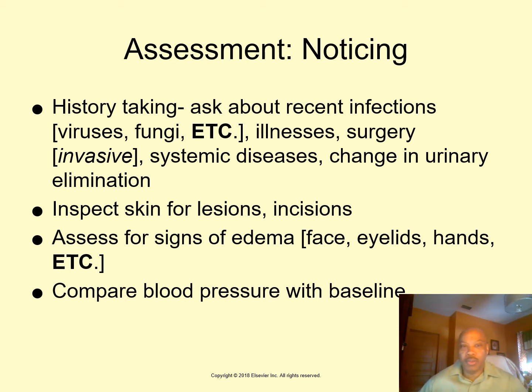Also, we want to look for any body piercings. When you go to these places to get these piercings, they may not be using a sterile technique, if you will. And so this can cause infection.